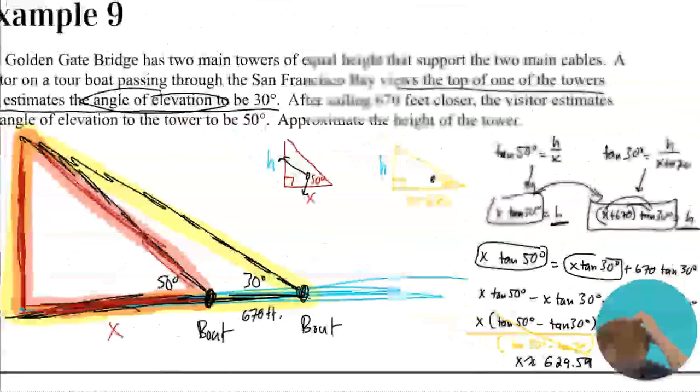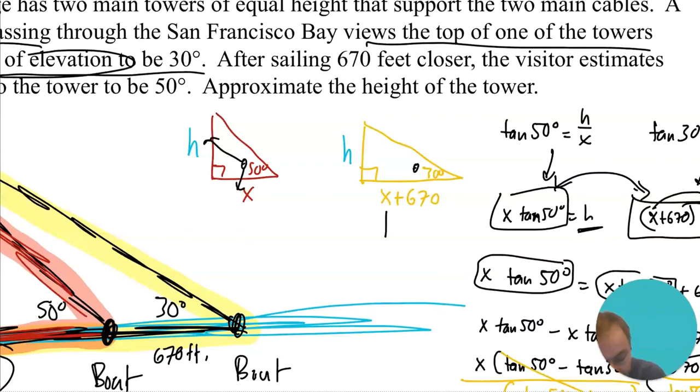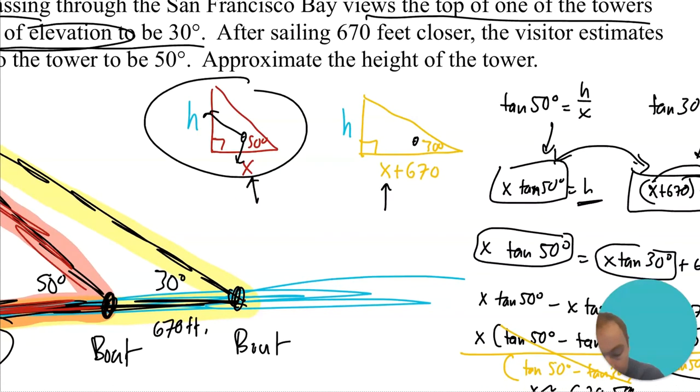So now we figured out what x is, which is what this distance is right here. So we still need to figure out what the height of the tower would be. So we could go back and plug in x into these couple of triangles that we have. It would probably be easier if we just use the red triangle.